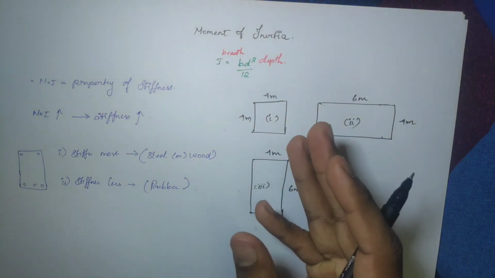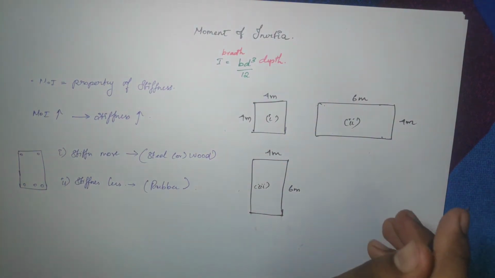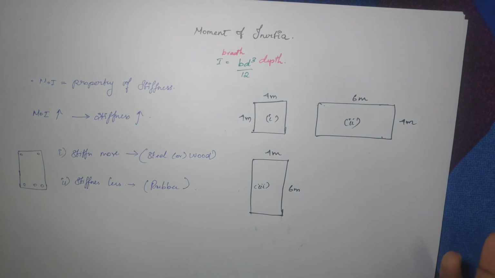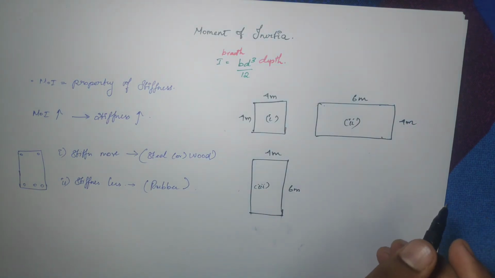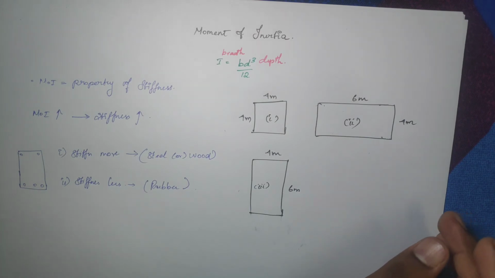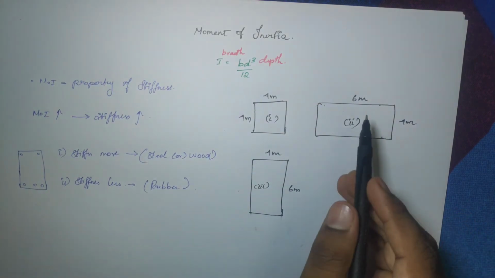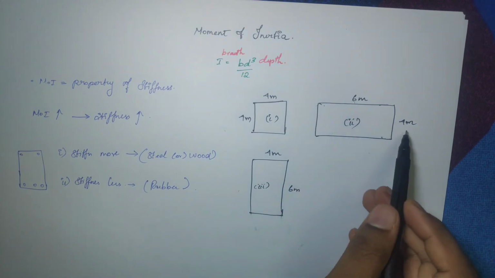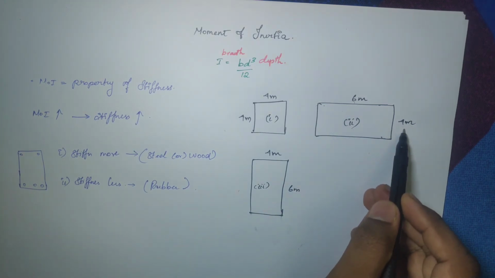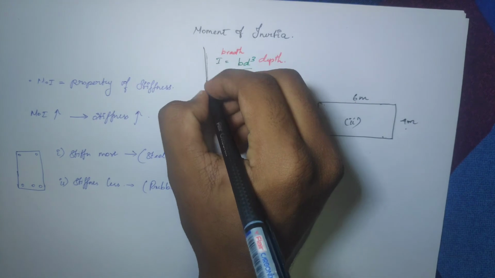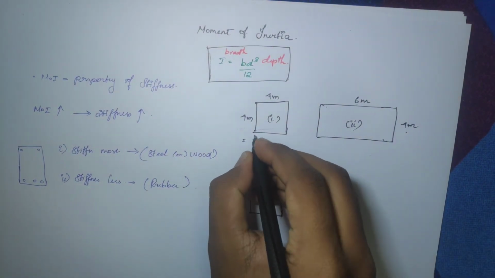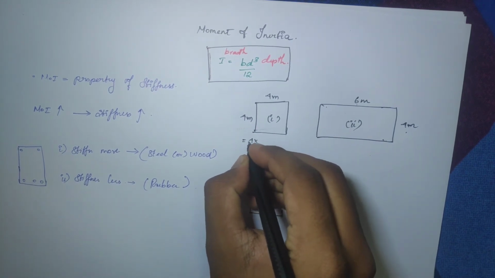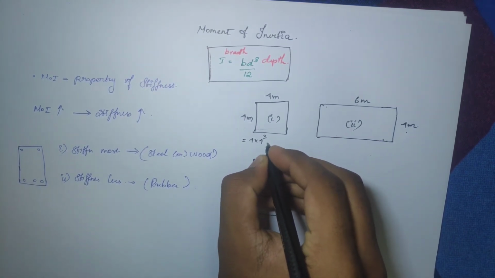Let all three be concrete beams made of a mixture of cement and aggregate. It is just a concrete beam, but all the dimensions are different. So we know the formula for finding the moment of inertia. Let's apply it to these three types of beam: I equals b d cube by 12.